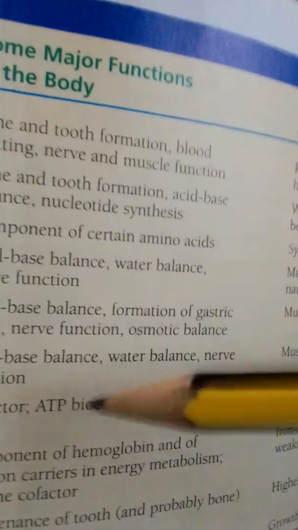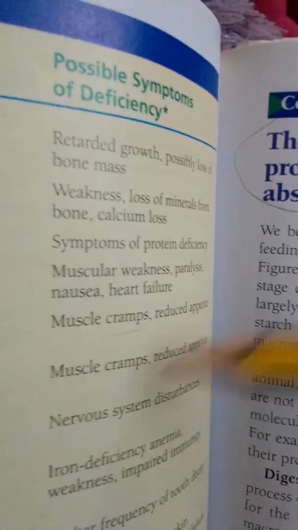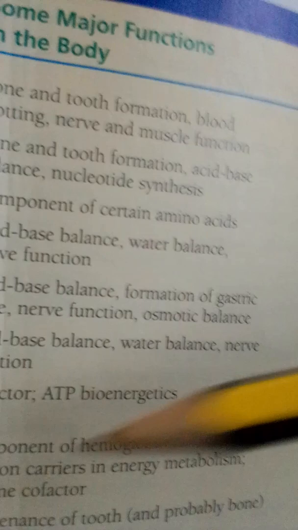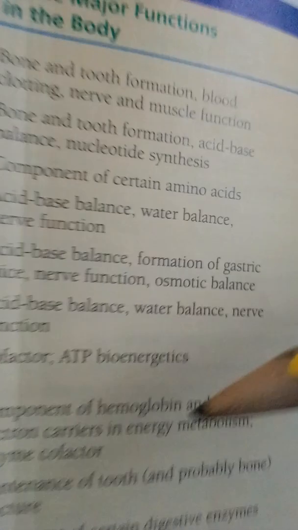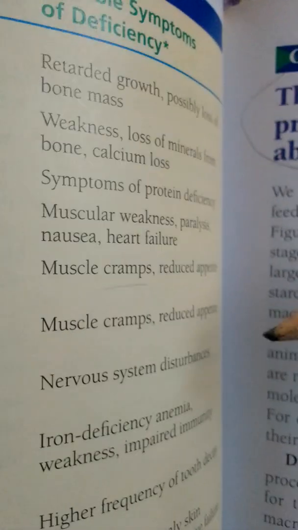Major functions: acid-base balance, formation of gastric juice, nerve function, osmotic balance. Possible symptoms of deficiency: muscle cramps, reduced appetite. Sodium, Na: table salt. Acid-base balance, water balance, nerve function. Deficiency: muscle cramps, reduced appetite. Magnesium, Mg: whole grains, green leafy vegetables. Cofactor, ATP bioenergetics. Deficiency: nervous system disturbances.